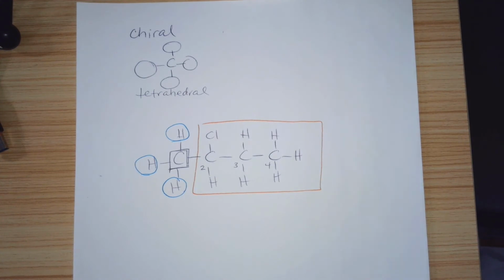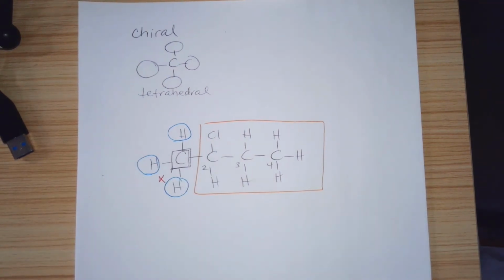So carbon 1 has only 2 different groups attached, so it would not be a chiral center. Again, in order for it to be chiral, all 4 of those groups would have to be different. So carbon 1 is not chiral.